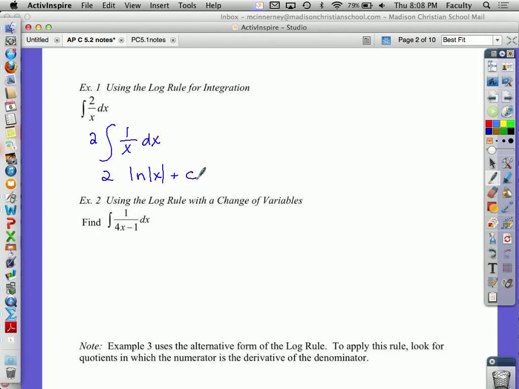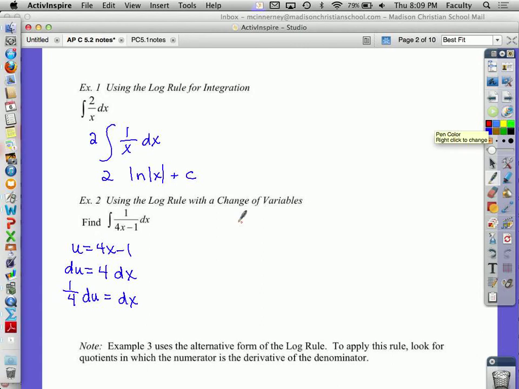So in example 2, what if we have a different quantity instead of x? We're going to use u substitution and do u equals 4x minus 1. So du is 4 dx. We don't have a 4 with our dx, so we divide.